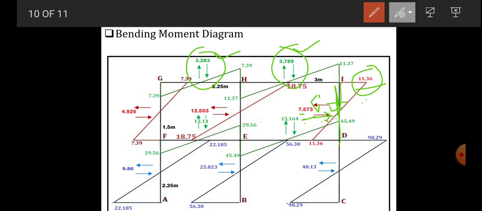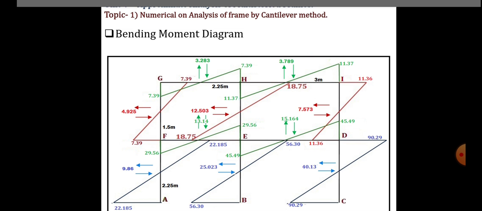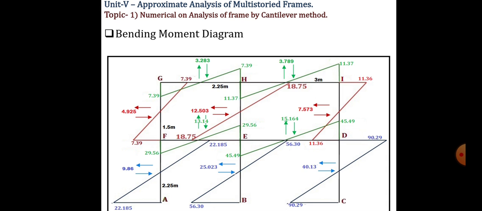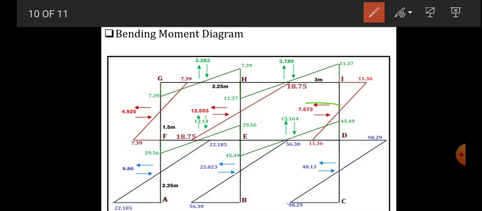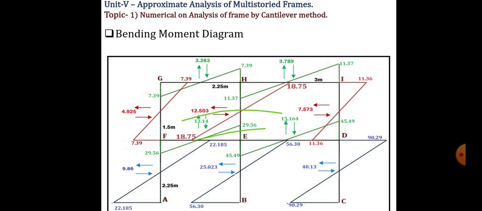Now you see this arrow is toward the left hand side, so show the moment toward the right hand side. Now this arrow is toward the right hand side, show the moment toward the left hand side. So likewise you have to show for all the columns. Okay, so this is about the bending moment diagram.